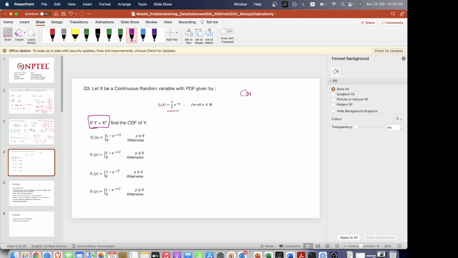CDF of Y means probability that capital Y is less than or equal to small y. We can write this as probability that X squared is less than or equal to small y, because the random variable capital Y is equal to X squared. We can write this as minus root y less than or equal to X less than or equal to root y.